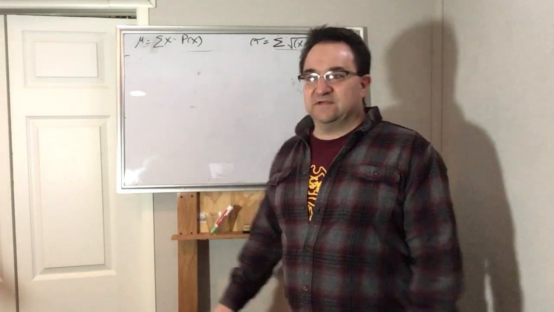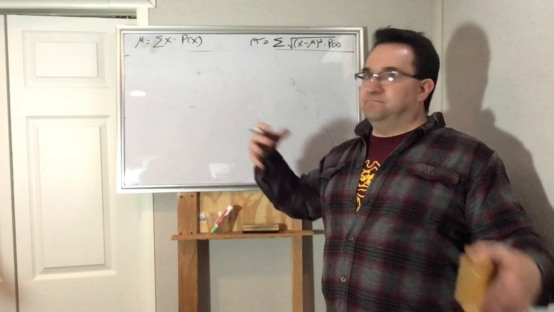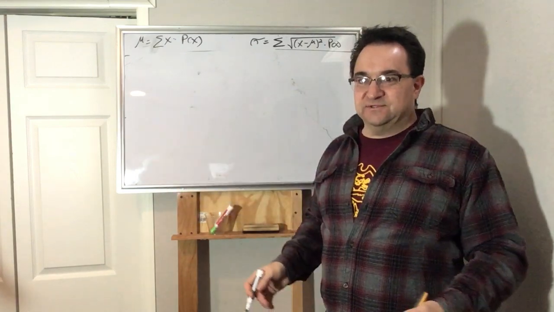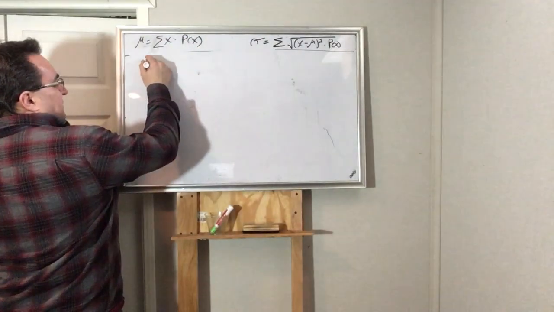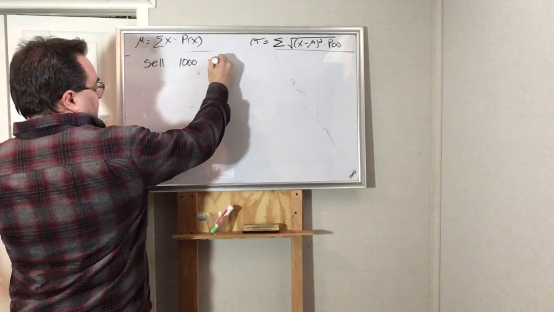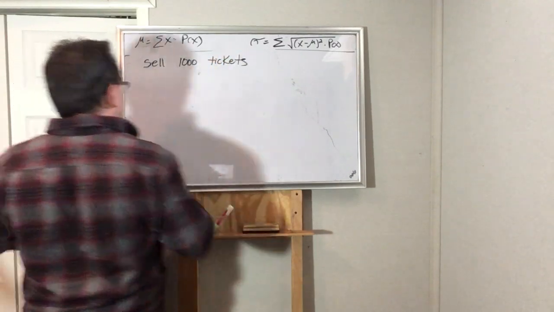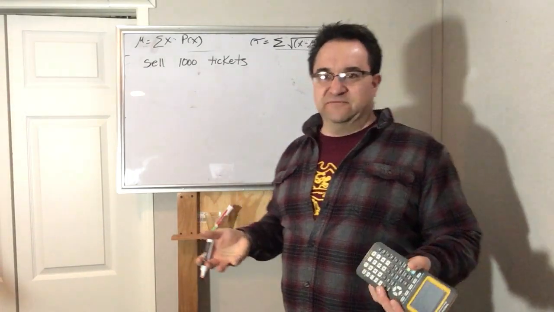So the first thing you got to decide is how many tickets are you going to sell? Let's say it's a really big event, maybe on the campus, and most people are going to chip in. We're going to sell 1,000 tickets. Okay, so we think about prizes, and let's say we think in clumps of 100.